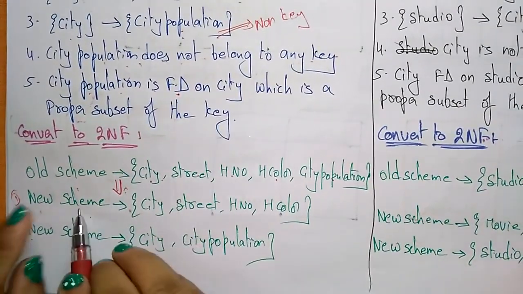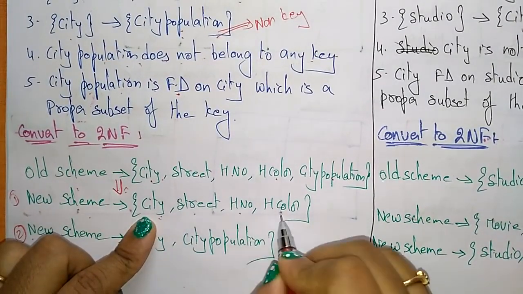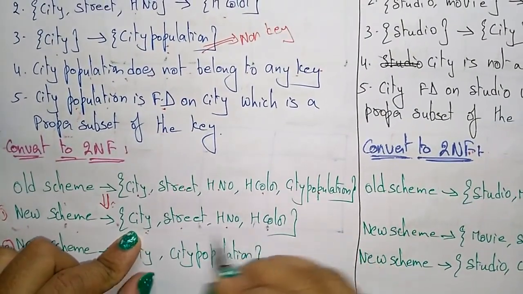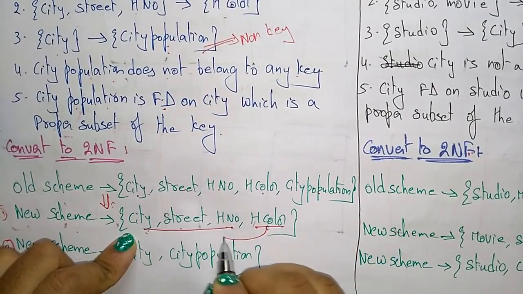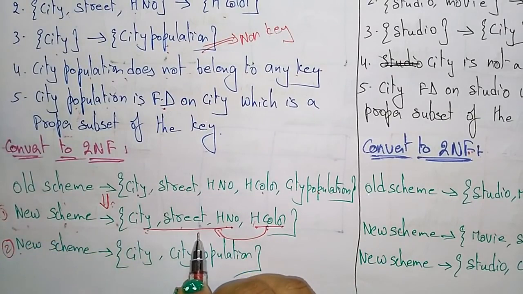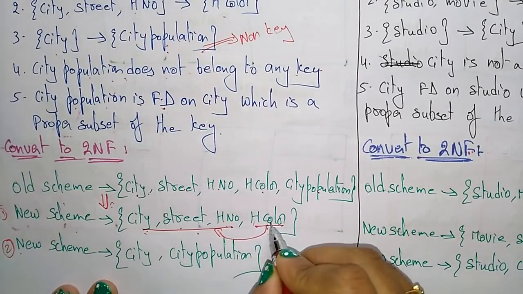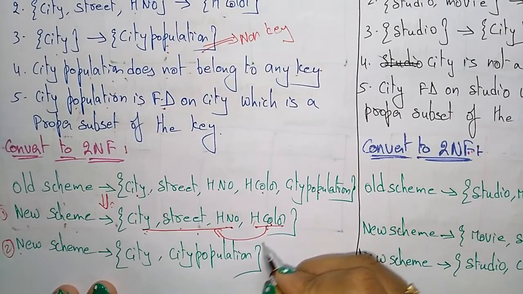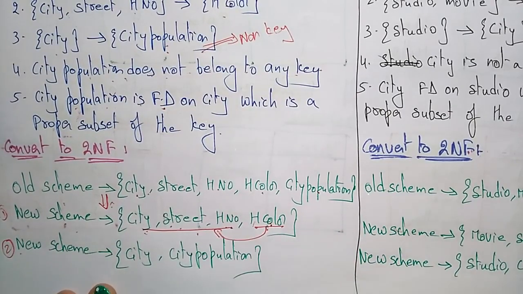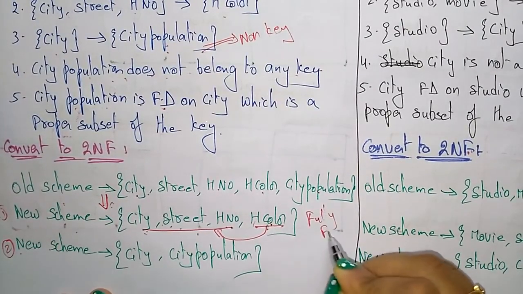The first table consists of city, street, house number, house color. These three are key attributes and house color is a non-key attribute, functionally dependent on all three keys, so it is fully functionally dependent: the non-prime attribute depends upon the prime attributes.